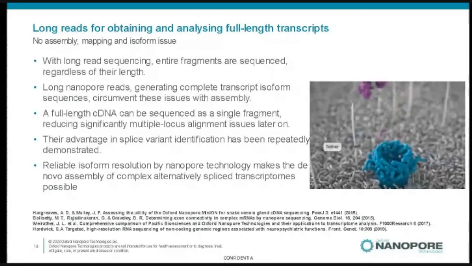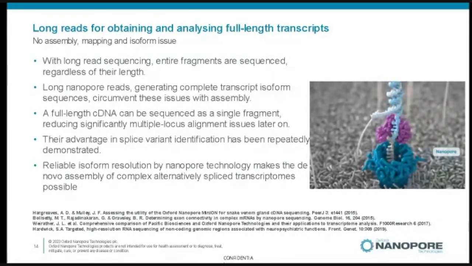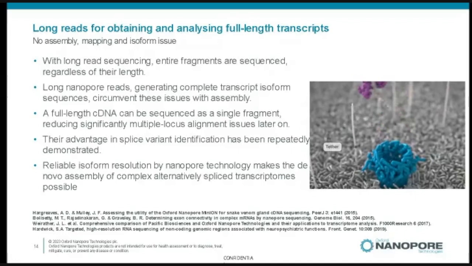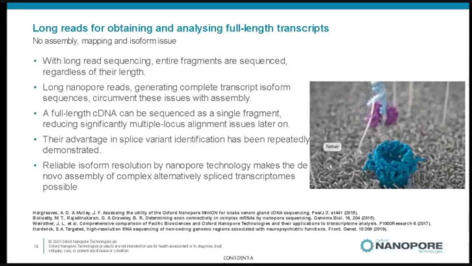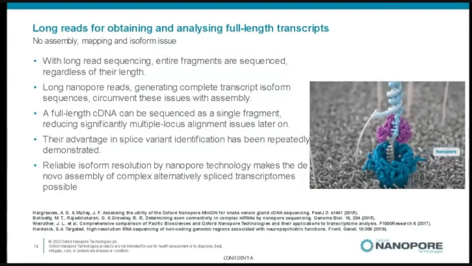So basically we are able to sequence any fragment regardless of its length. As you can see in the video here, the DNA fragment that has been prepared will be loaded into the flow cell, and we have a sequencing nanopore here, through which the entire RNA fragment or cDNA fragment will be sequenced.